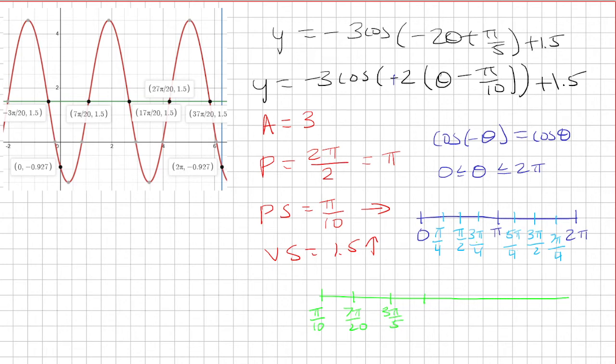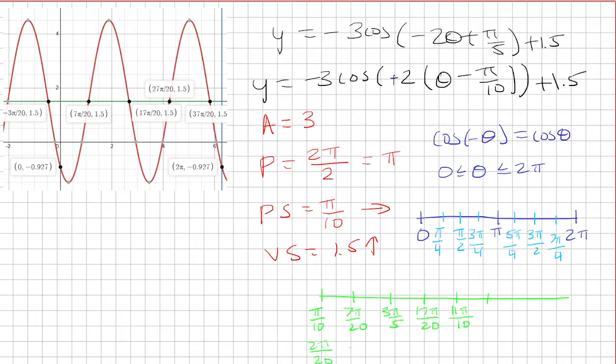And then 3 pi over 4 plus pi over 10. That is 17 pi over 20. And then pi plus pi over 10. That is 11 pi over 10. Now we want to add 5 pi over 4 to pi over 10. Here is a pattern, by the way.